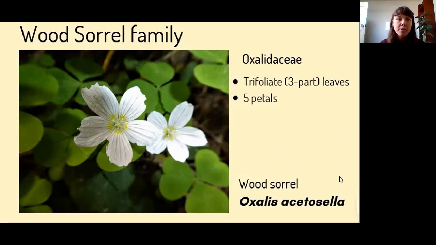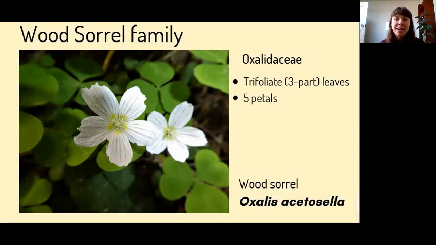And the petals are white with lilac veins and a yellow middle. This one can be confused with the wood anemone that we saw earlier. It has similar coloration, but it's these distinctive trifoliate leaves or 3-part leaves that help us to identify them. They look a little bit like a clover's leaves. And these leaves actually close at night or in harsh conditions.